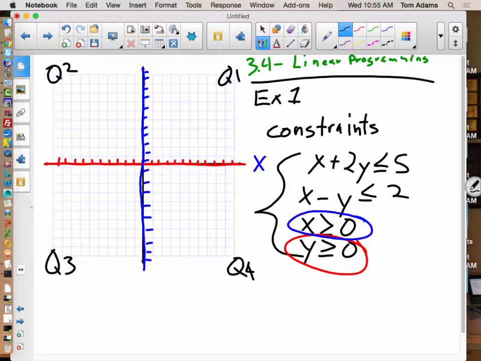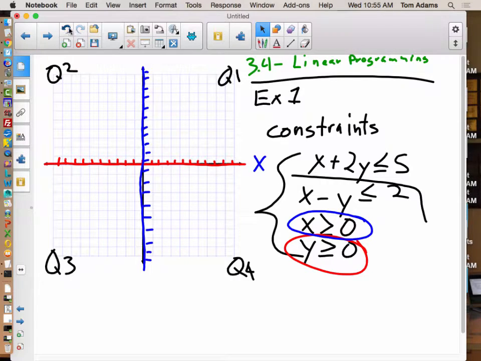Now to graph this equation here, I'm going to take, whoops, let me undo that. All right, I'm going to take this whole equation here, just this part. Boy, it didn't like that.